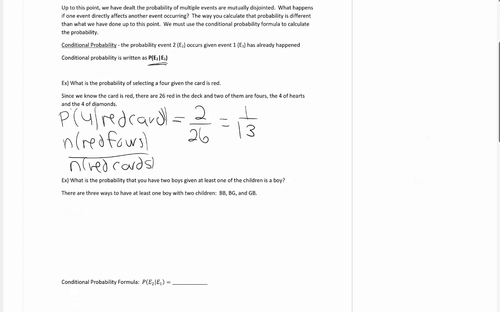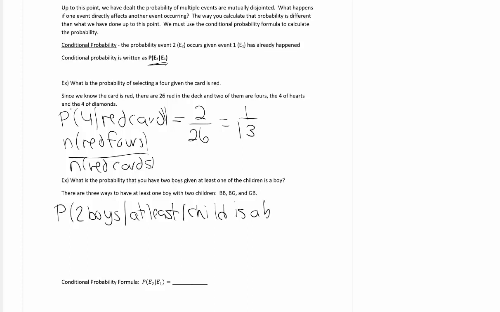All right, let's take a look at another example. What is the probability that you will have 2 boys given at least one of the children is a boy? Well, how are we going to write this? The probability of 2 boys given at least one child is a boy. For us, there's 3 different scenarios where you have at least one boy with 2 children: 2 boys, boy-girl, or girl-boy.